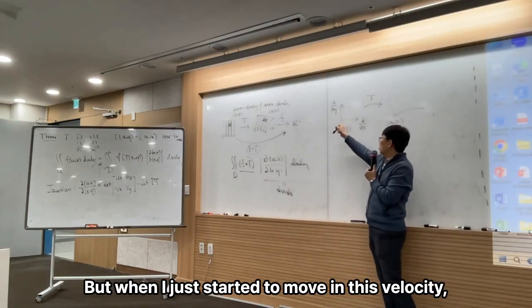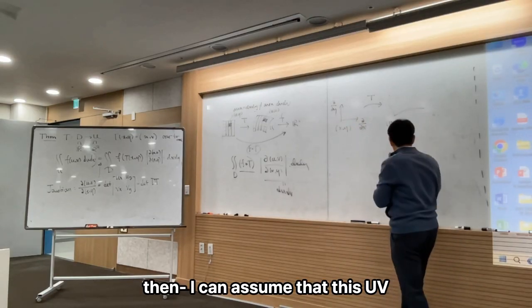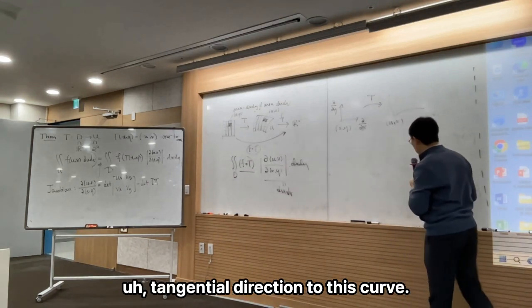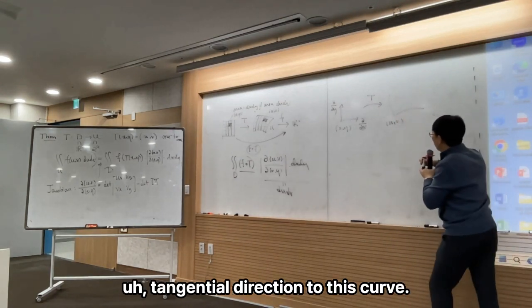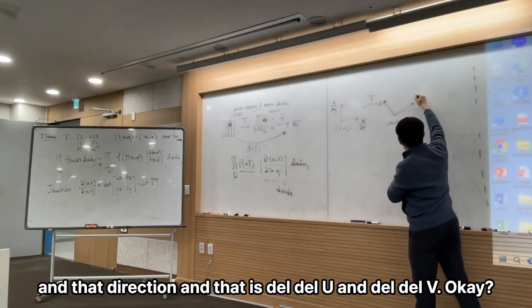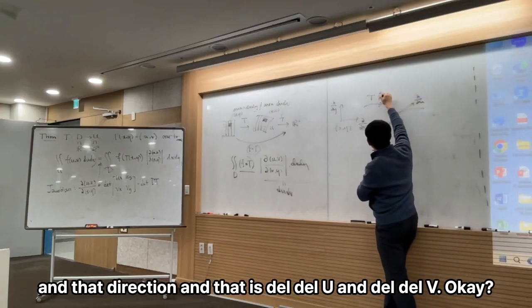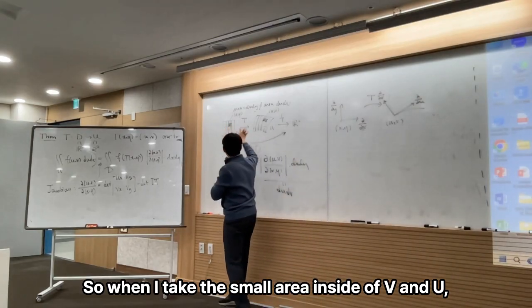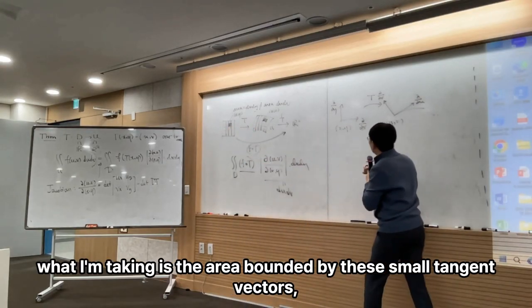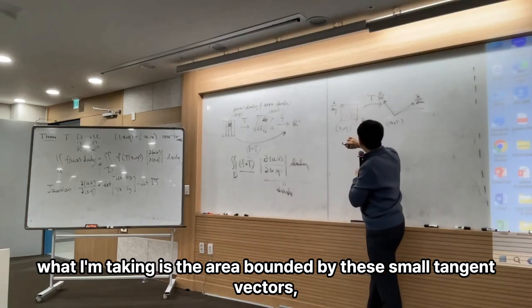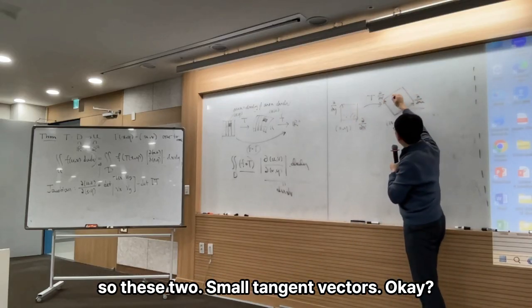But when I just start to move with this velocity, then I can assume that this uv is following some kind of tangential direction to this curve. So it's going to move in this direction and that direction. And that is del u and del v. Okay? So when I take the small area inside of the uv plane, what I'm taking is the area bounded by these small tangent vectors.